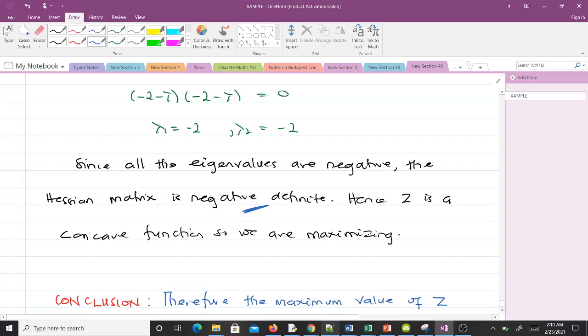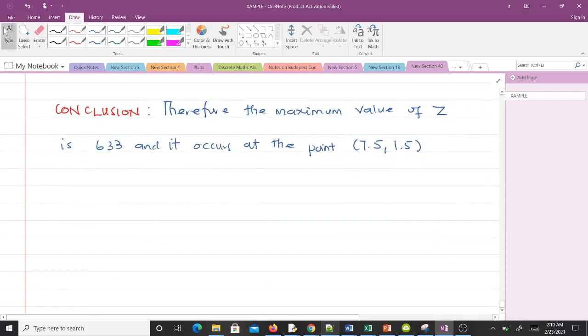Since it is a concave function, we have something like this, so that means we are maximizing. So the final conclusion is that the maximum value of Z is 145.5, and it occurs at the point 7.5 and 1.5.